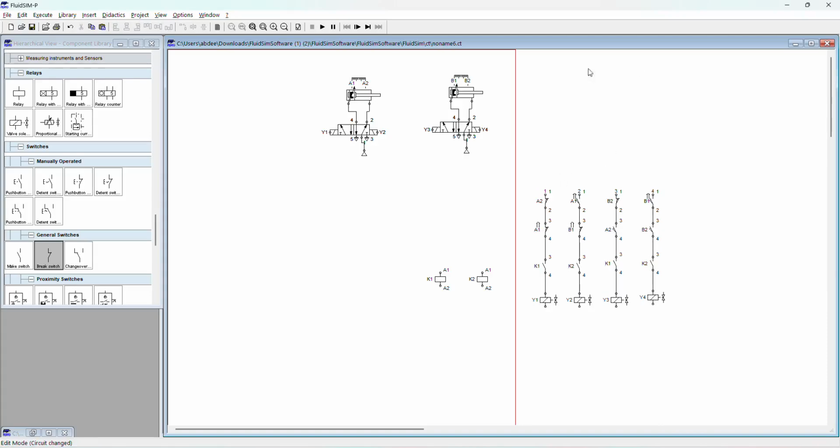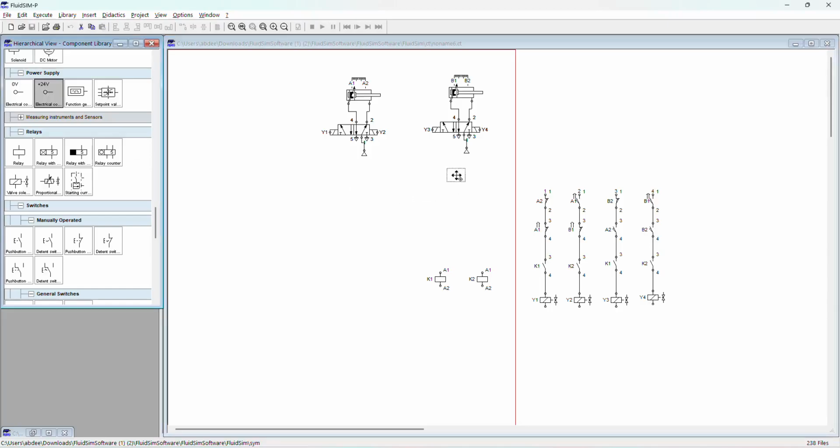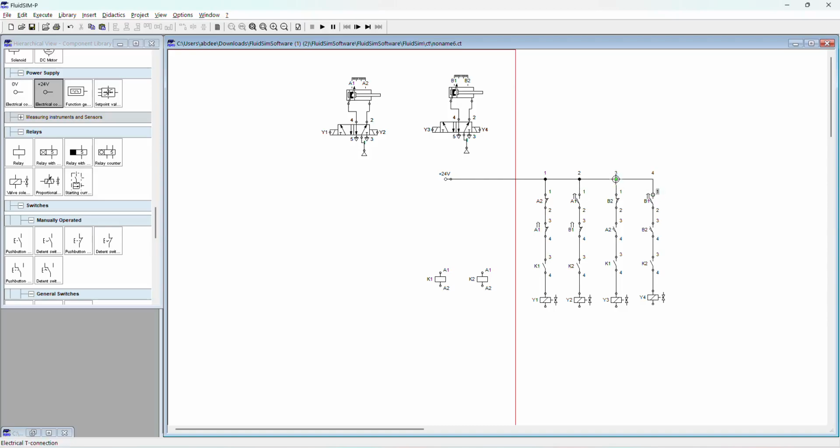Now we just connect to the power and the ground, and we will have it looking like this. And we have the ground here, which is this one, looking like this.